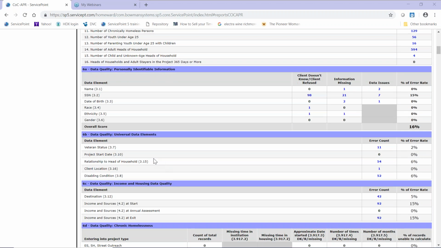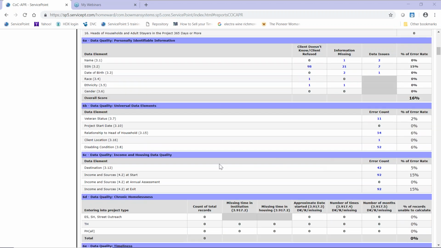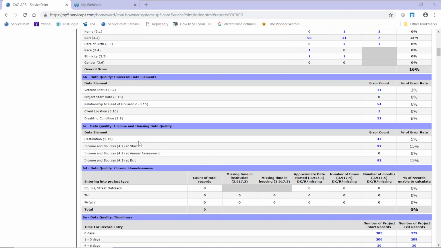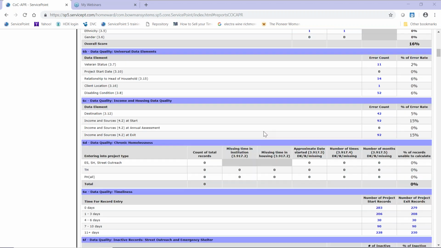Then we have veteran status, project entry, which is your entry date, relationship to head of household, client location, and disabling condition. So if we have errors here, it means it's missing data and you need to go fix it. Part C is destination, income at start, income at annual assessment, and income at exit. So if you have errors, again, it's missing data.